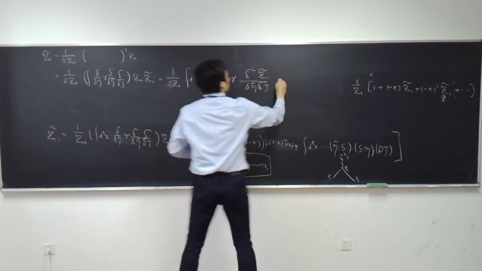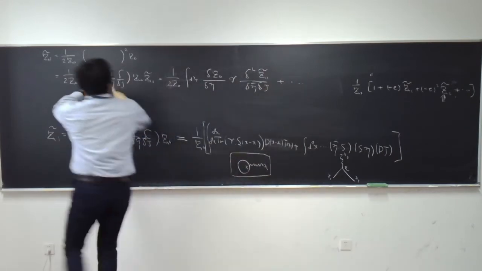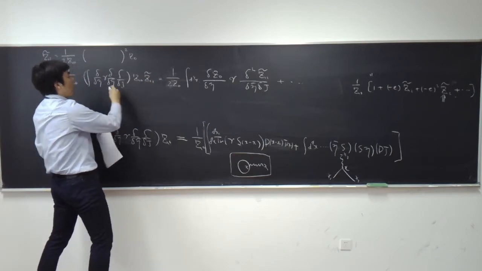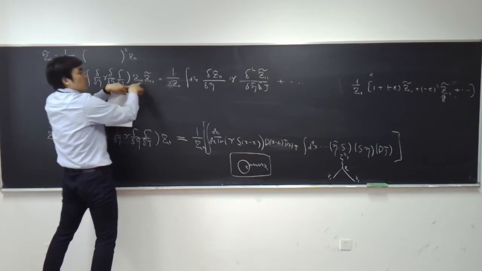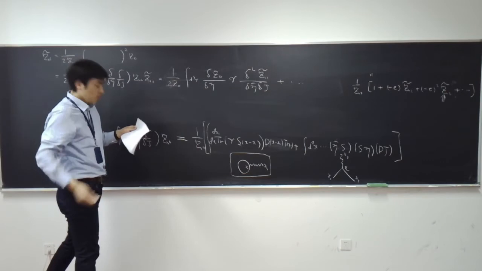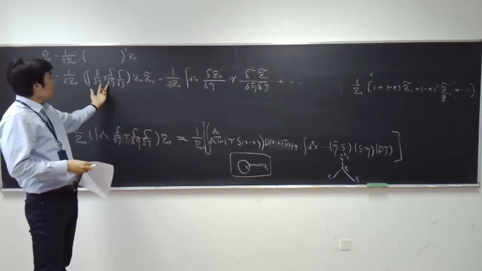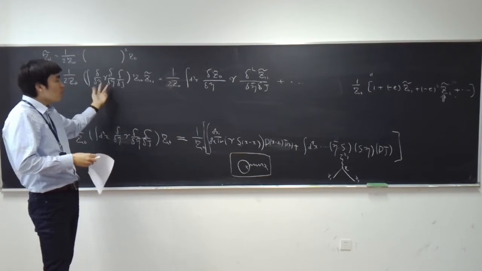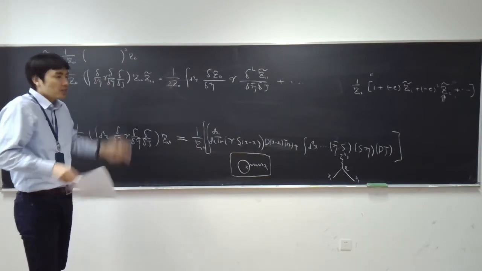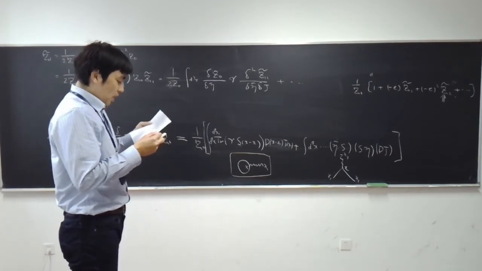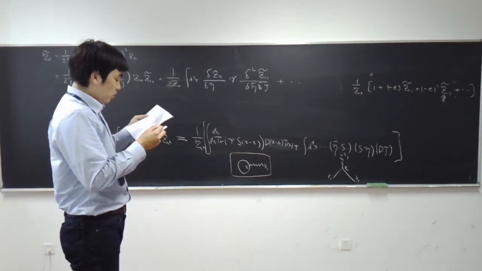Okay? And so on. So you have to exhaust all the possibilities of how these three derivatives act on Z0 and Z1 by using the Leibniz rule. And also you have to be careful about swapping eta and eta bar because they're Grassmannian derivatives. Okay, so that's what you need to do.